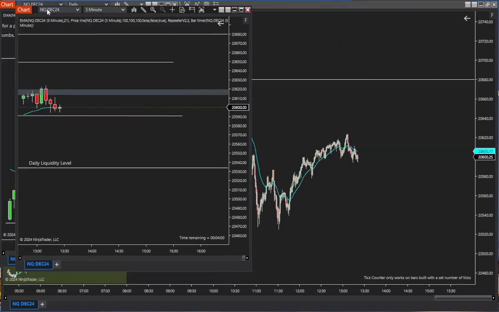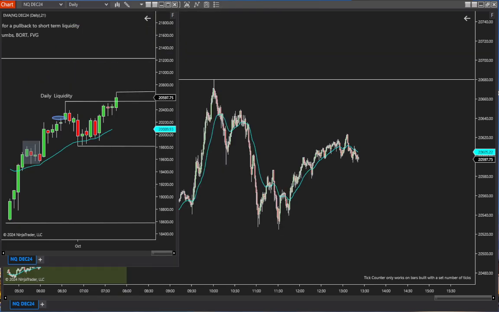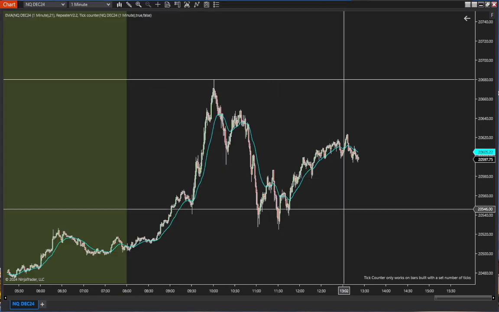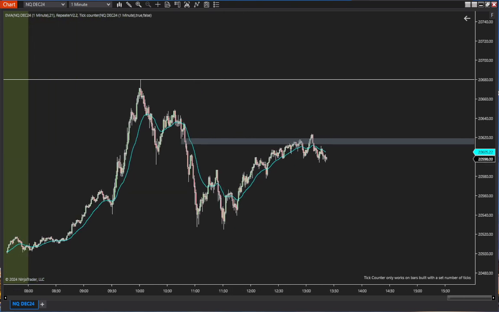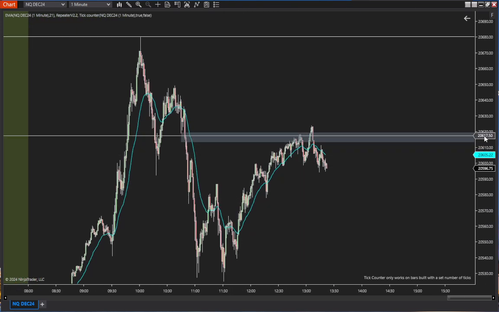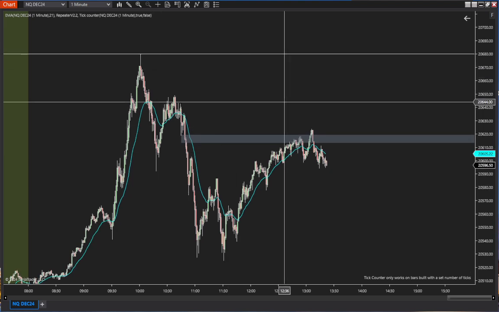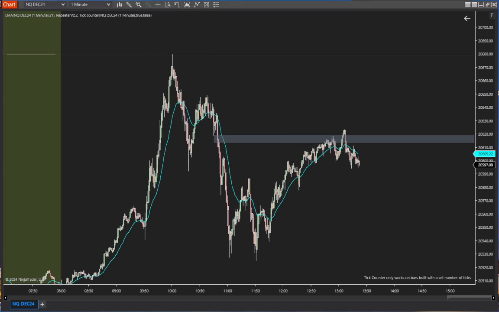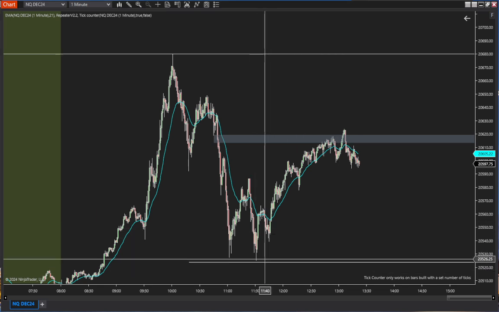So we're going to copy this fair value gap area, and we're going to copy it to a 1-minute chart. So if you look on a 1-minute chart, because I know a lot of you guys use time charts and not tick charts, this is the same thing. We're looking at the same thing on the 1-minute chart. Here is our level.